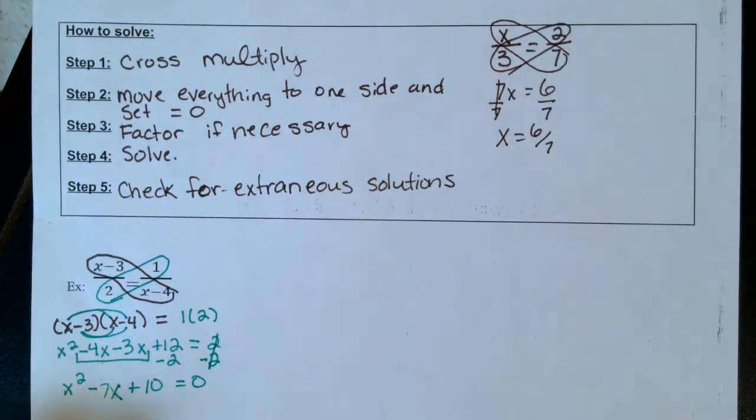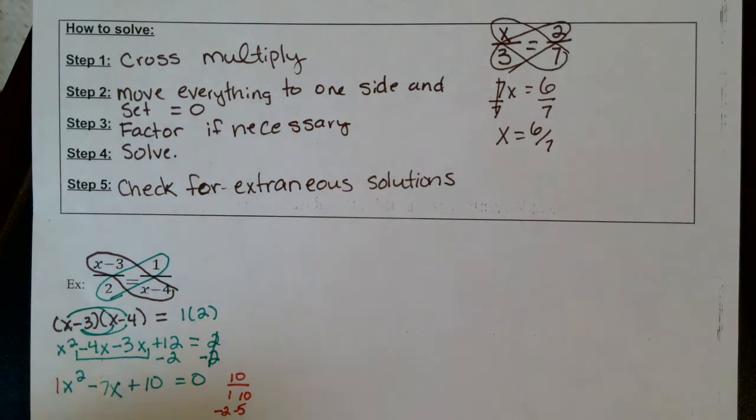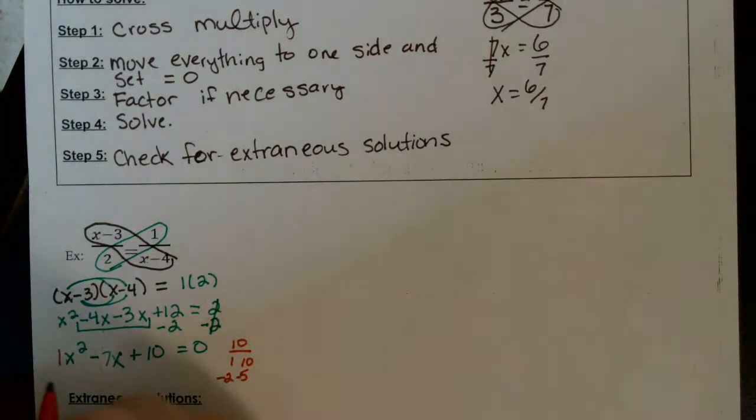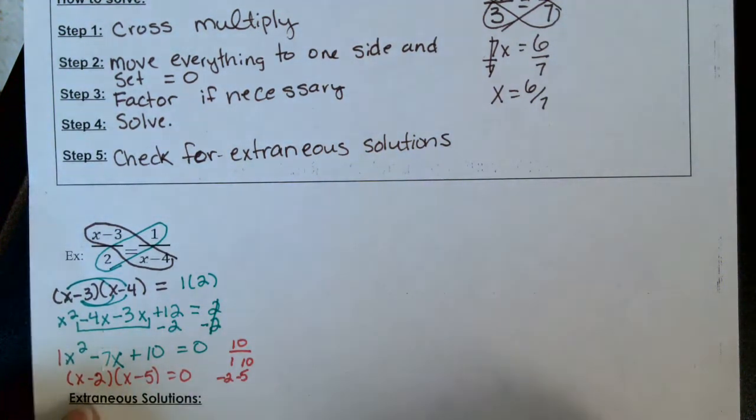And that now is set equal to 0. So once we've done that, we can factor. So 1 times 10 is 10. Our factors of 10 are 1 and 10, 2 and 5. I want negative 7, so negative 2 and negative 5 will give me that. So I have x minus 2 times x minus 5 equals 0.